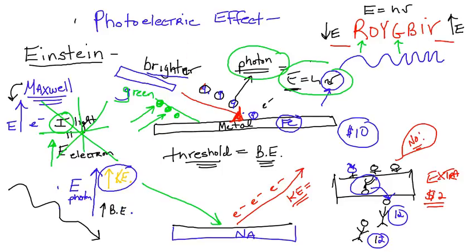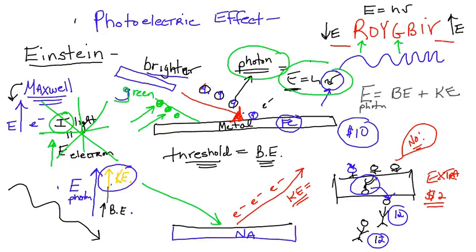The kinetic energy is going to be a lot more, okay? Energy of the photon is equal to the binding energy plus the kinetic energy of the electron.